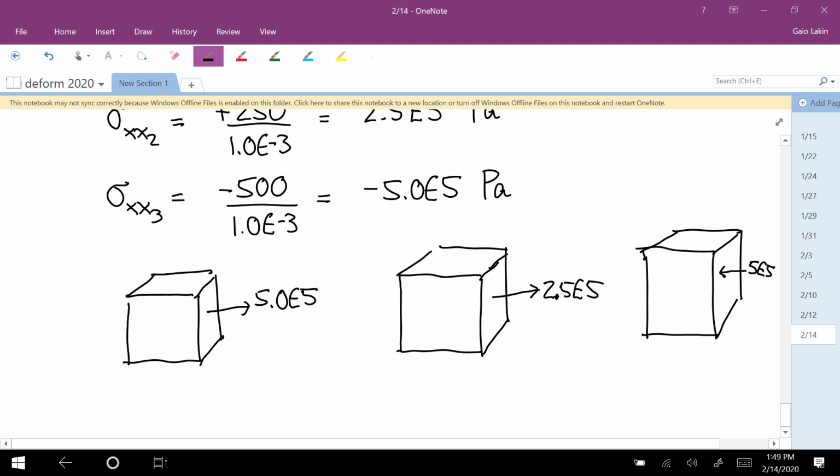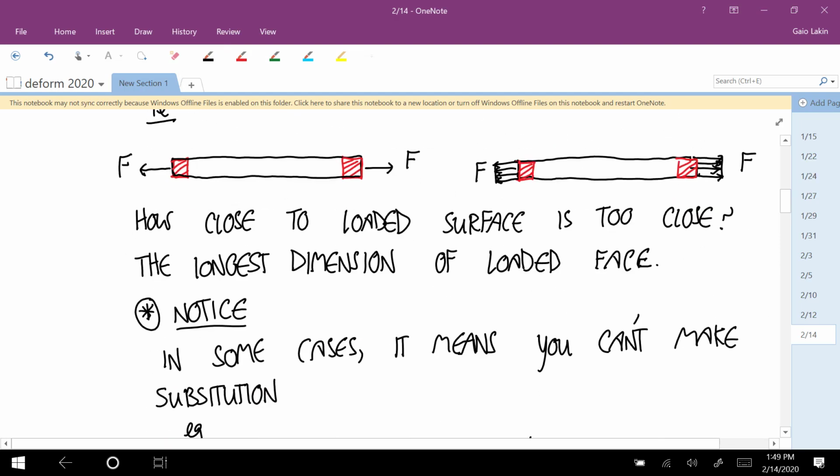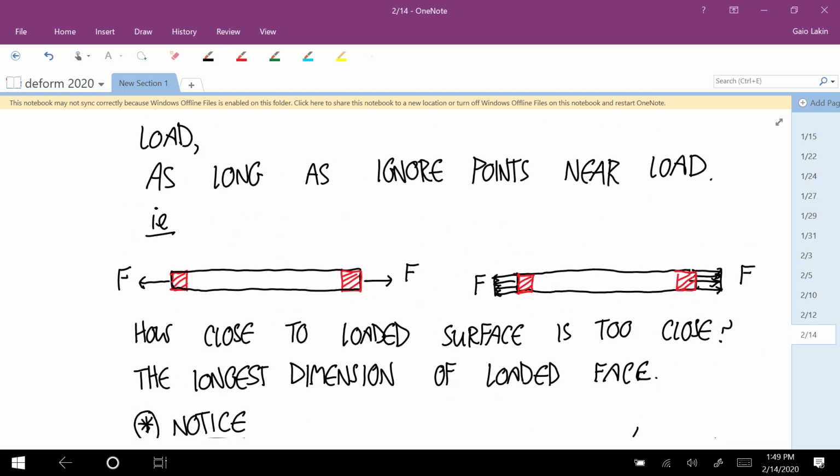And so what's the maximum shear stress? Yep, 2.5 times 10 to the fifth. Okay. And now, this is a harder one. Let's think about it this way, okay? So the maximum shear stress is 2.5 times 10 to the fifth.